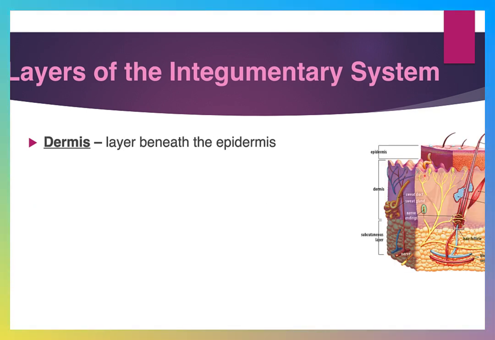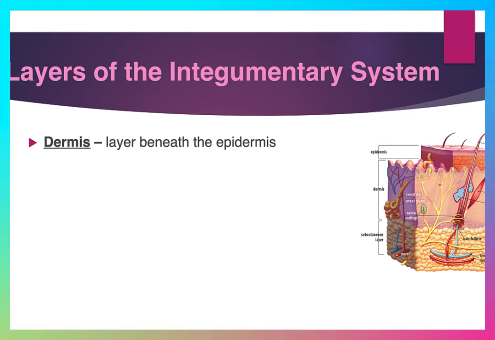So the epidermis, as we said before, is this part up here. Below the epidermis is the dermal layer, which is right here, and this is the layer beneath the epidermis, and it has a lot of loose connective tissue. It has muscles called erector pili, which we'll discuss in a minute, and sebaceous glands, as well as the hair follicle and the hair shaft that comes up, and nerve endings.